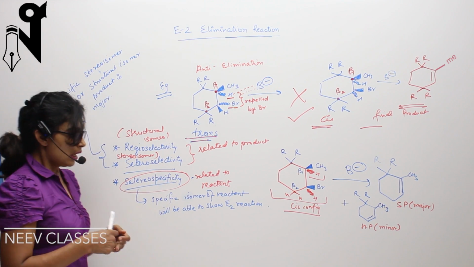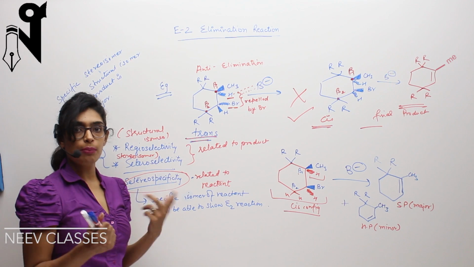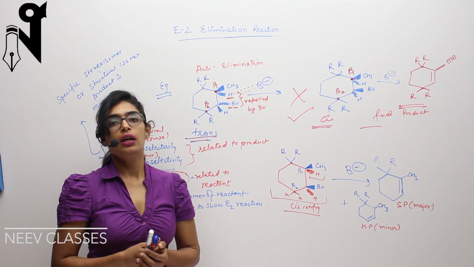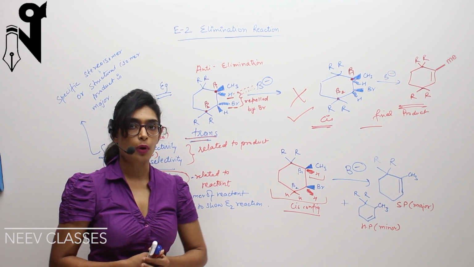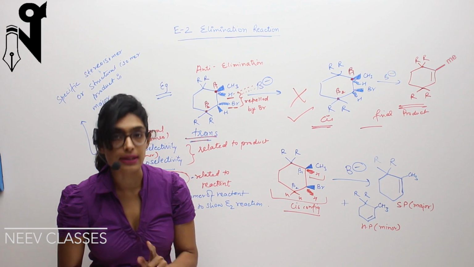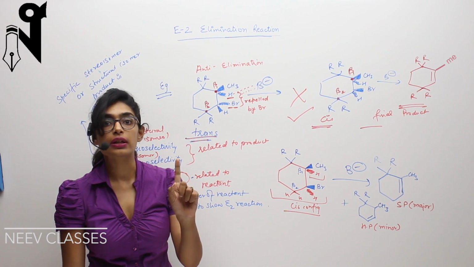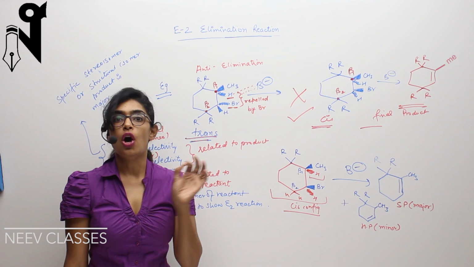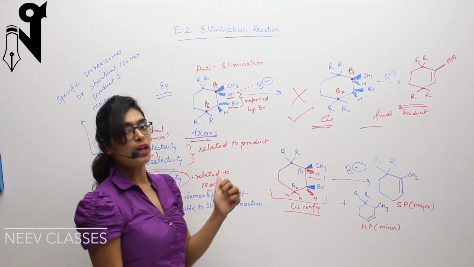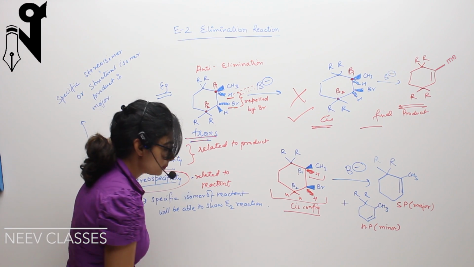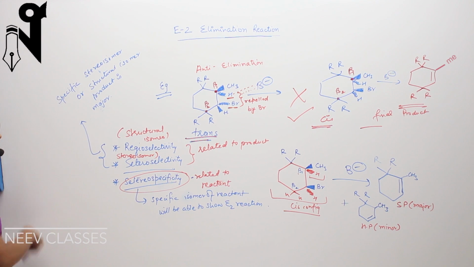Okay. And the next and second important thing is that here also our Saytzeff product is major, unless we have one case where the Hofmann product will be major. Let's quickly check where the Hofmann product will be major. Just note this down very quickly.